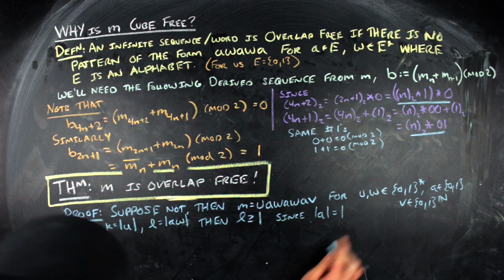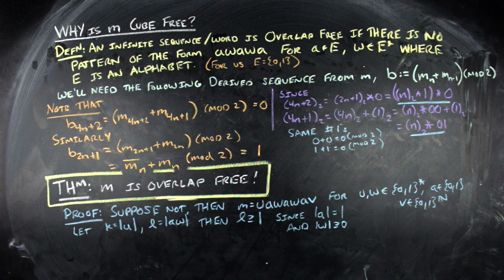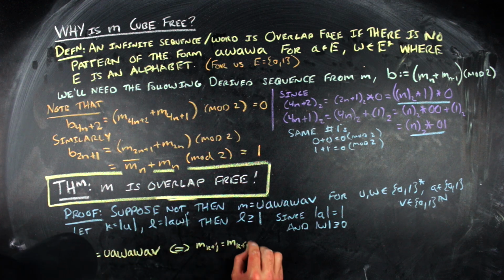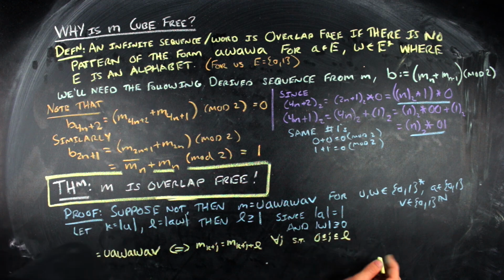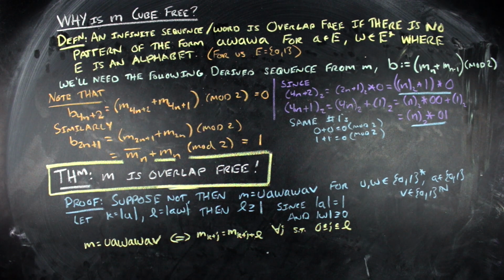This lets us translate the overlap into the statement that the k plus jth position of M is equal to the k plus j plus Lth position of M for every j such that 0 is less than or equal to j is less than or equal to L.